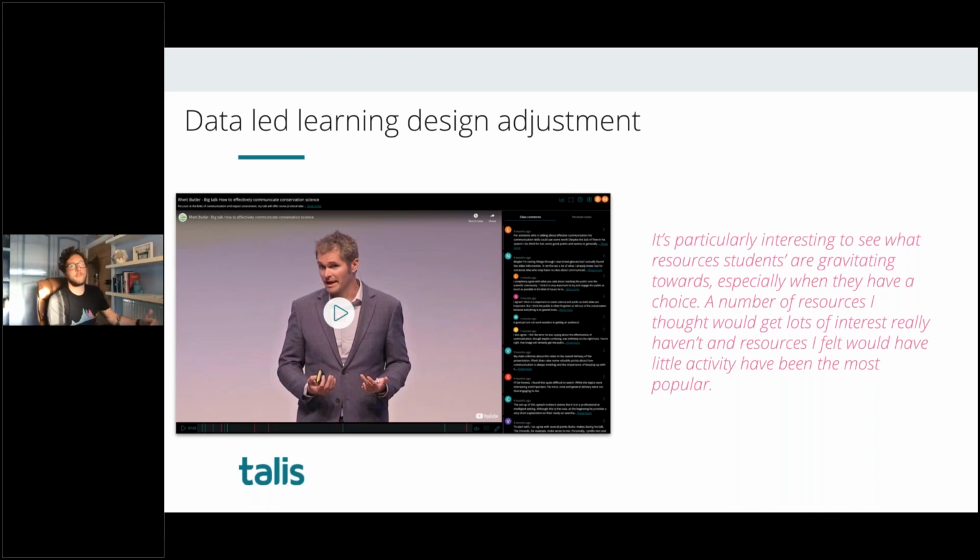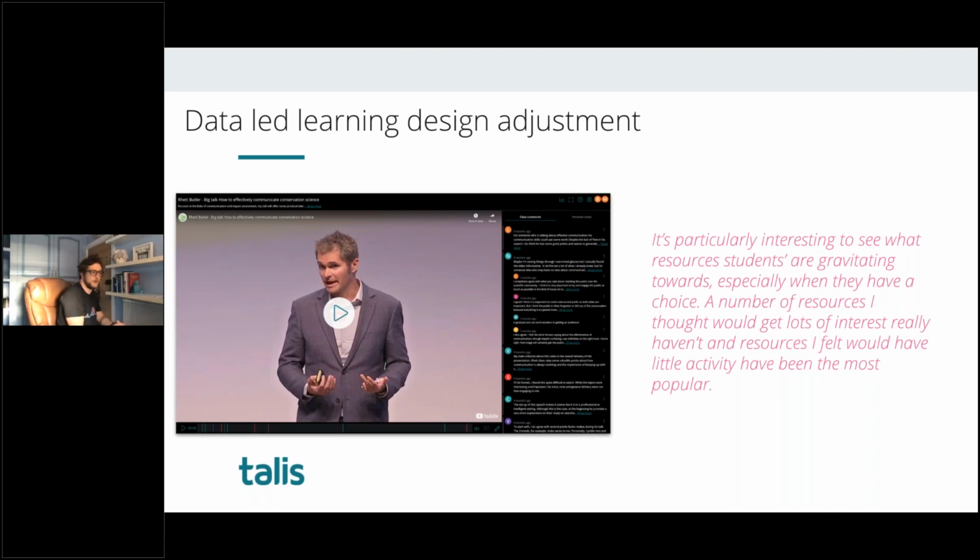So everything from being able to see that shorter resources were getting a much higher proportion of attention from the students, and in some subject areas, visual media was getting the student preference over textual information, particularly in the first instance. Toby was able to make those adjustments, and as you can see, a quote from him on the right-hand side: it was really interesting to see what resources students were gravitating towards.